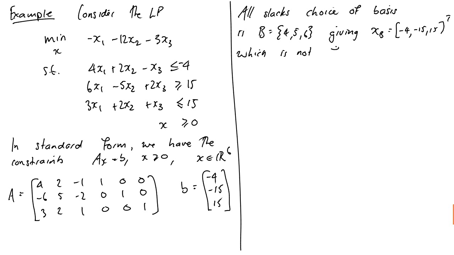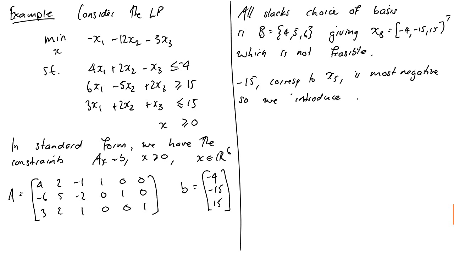When we look at the element of xB that is most negative, we introduce artificial x7 and look at the new basis B sharp equals 4, 7, and 6.